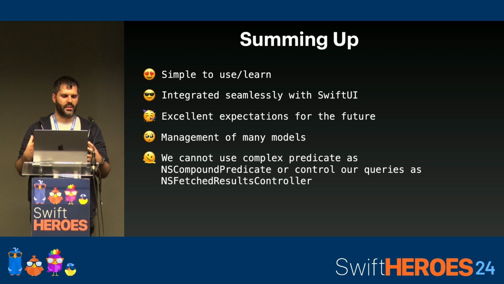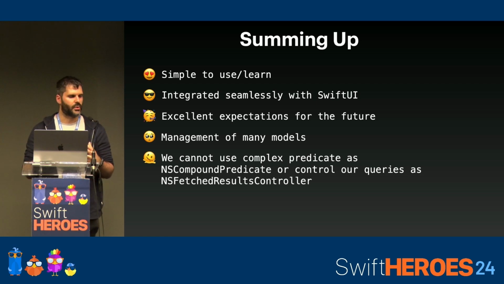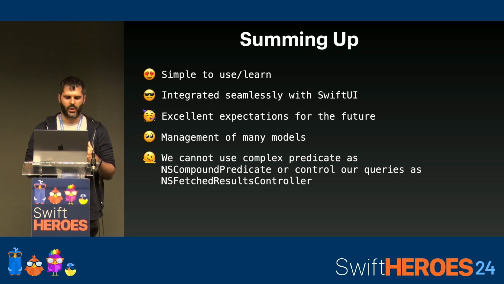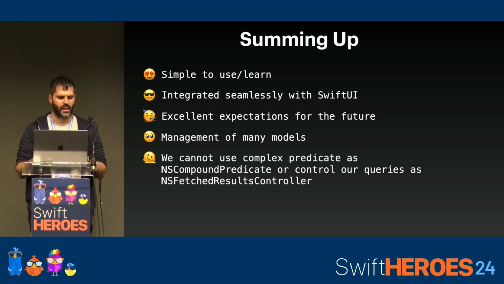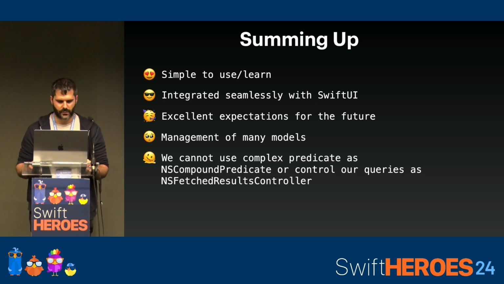And actually, the features that SwiftData has are fewer than, for example, Core Data. In our case, we cannot use complex predicates such as compound predicates, and we cannot control the changes of our queries, for example, with the fetched results controller that we can use on our Core Data stack.